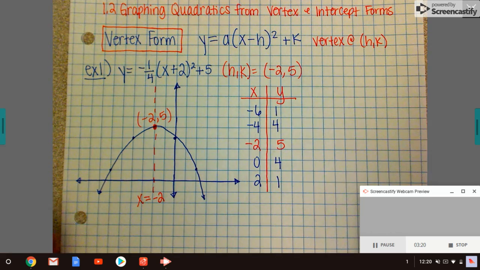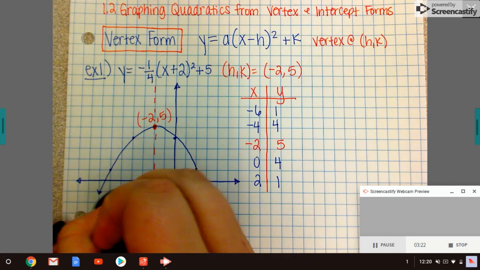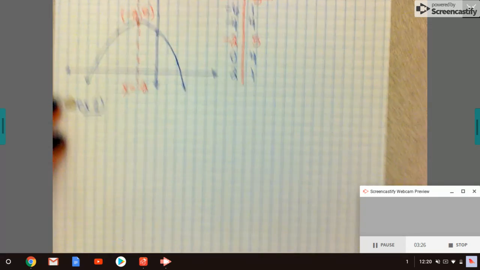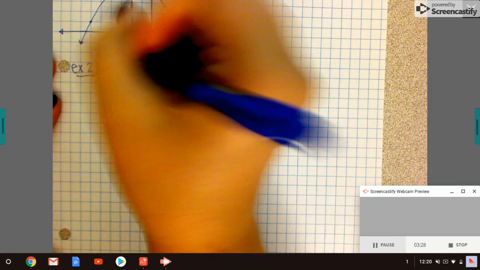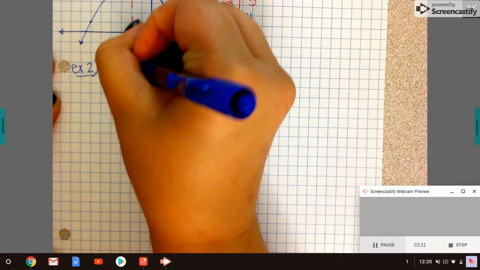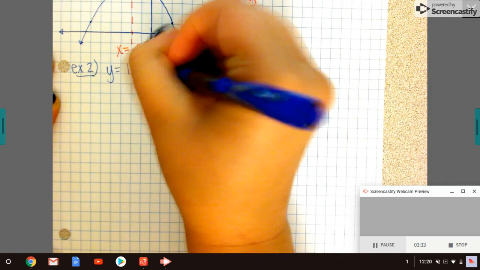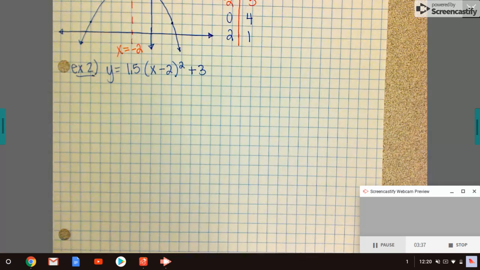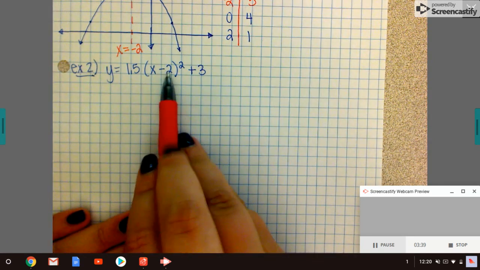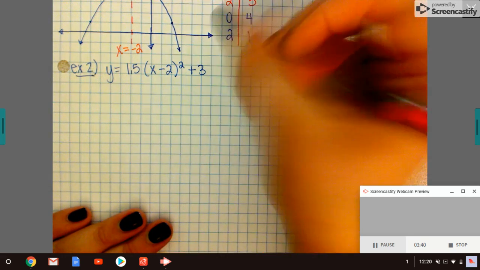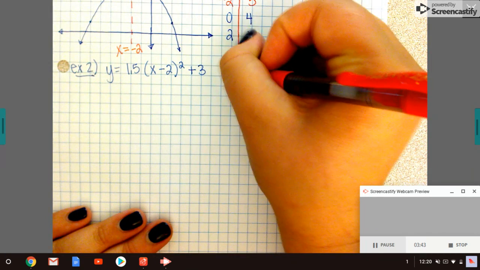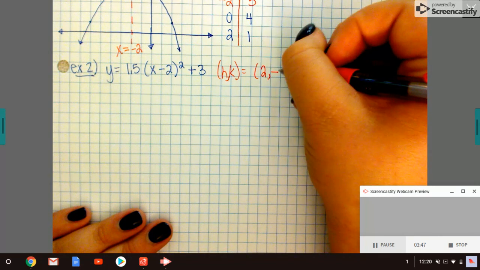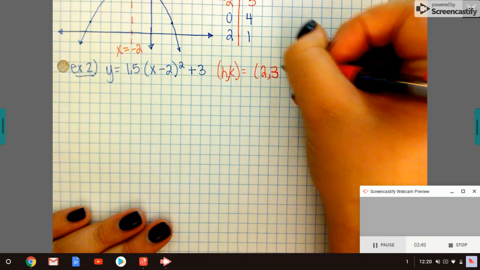Let's do another one. So we've got example 2. We'll have y equals 1.5 times the quantity x minus 2 squared plus 3. And on this one, our vertex is positive 2, positive 3. So our h and k are positive 2, positive 3, sorry.